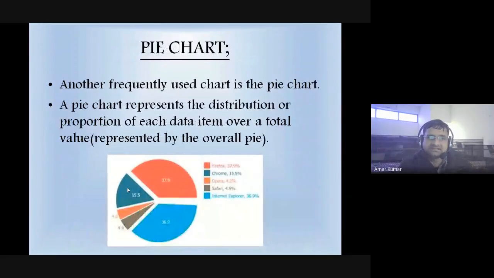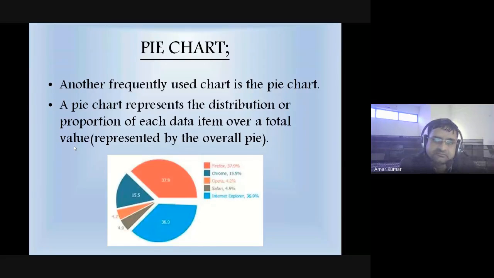Now, the next is the pie chart. It looks like a round pie. You all know, because in your school time there are several pie chart problems in mathematics also. Another frequently used chart is the pie chart, and a pie chart represents the distribution or proportion of each data item over a total value. It means there is 100% of any data.